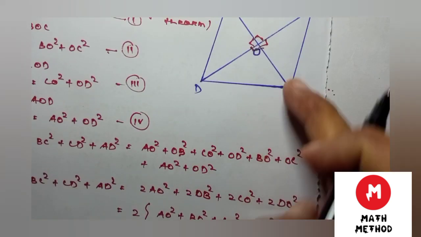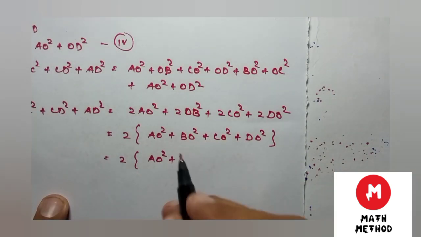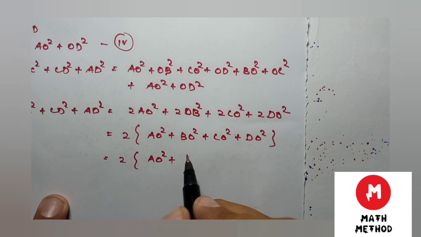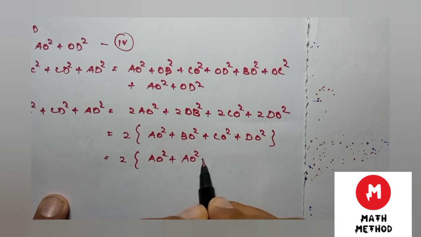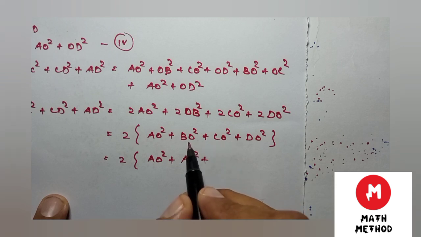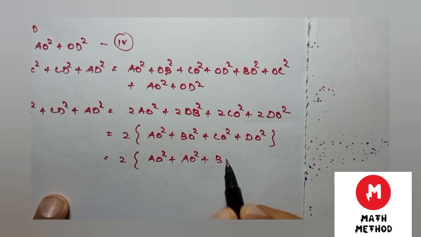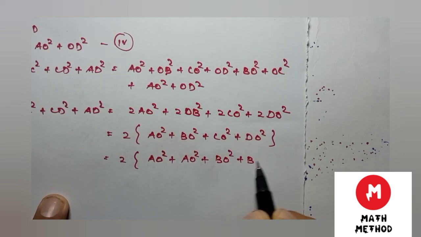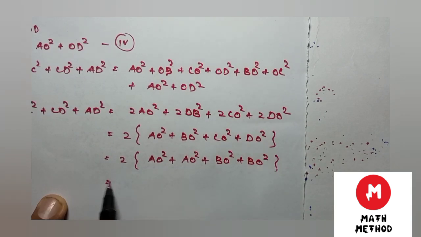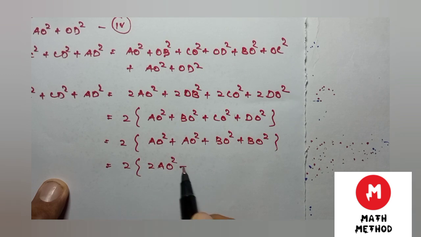So this is equal to 2 into AO square plus, in terms of OC square I can write AO square, plus BO square, and in terms of OD I can write BO, so BO square plus BO square. That is 2 into 2AO square plus 2BO square.